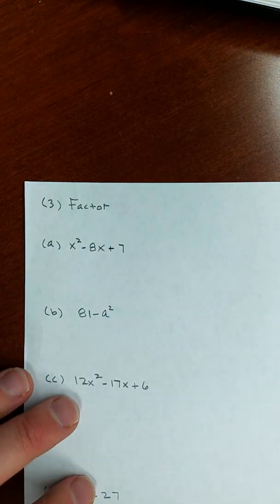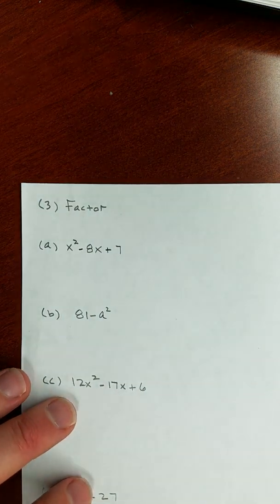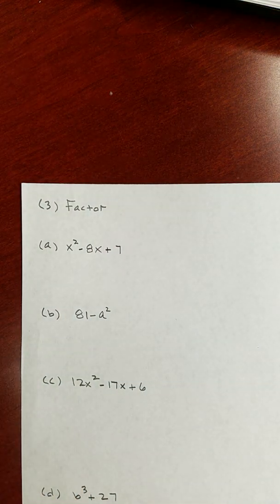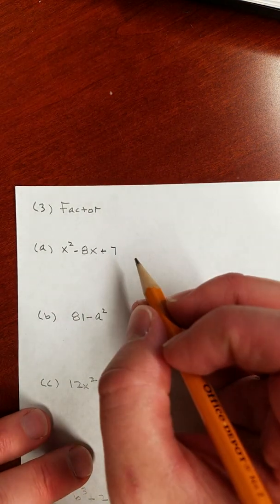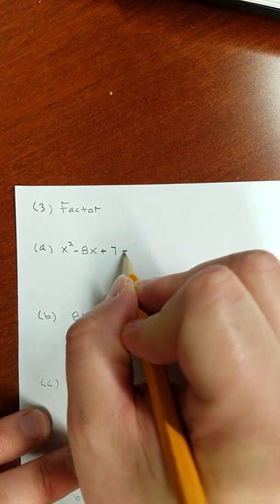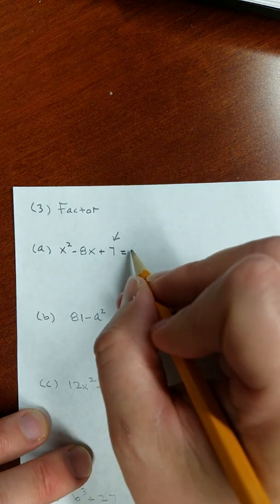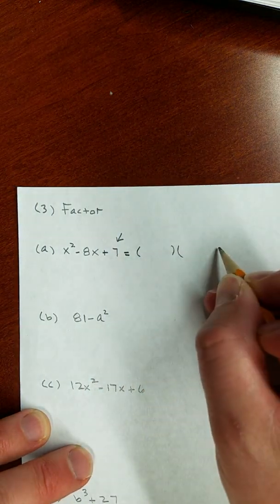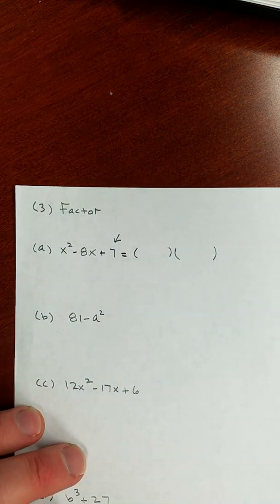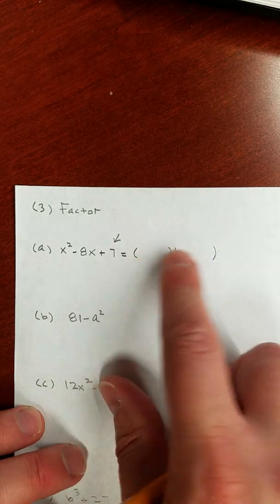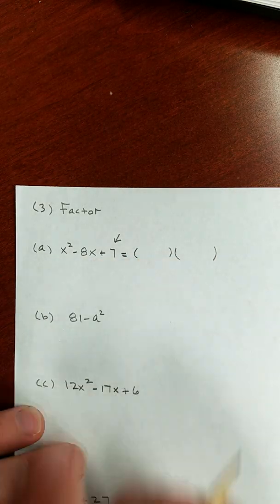Let's talk about the next 3 factoring problems real quick. There's a technique to factor every problem. Factoring is the reverse of multiplication. What 2 things would you multiply in order to get that? I feel like we kind of saw that already.